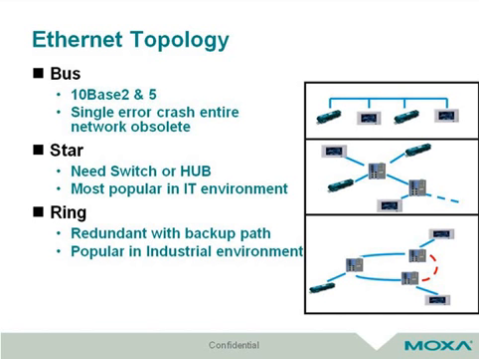Now, most IT environments use star. All the network devices connect to a switch or hub in the middle, and if one is down, the others can keep working and it is easy to find which one is offline. The third topology is ring. It's popular in industrial environments since it has a backup path for redundancy.